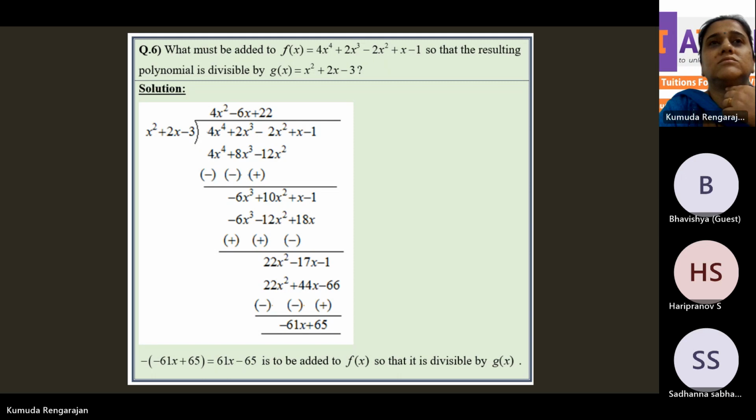Miss, I studied, but I can't understand. Has your teacher used this procedure in 9th standard to solve any question? Yes, miss, but I can't understand this.